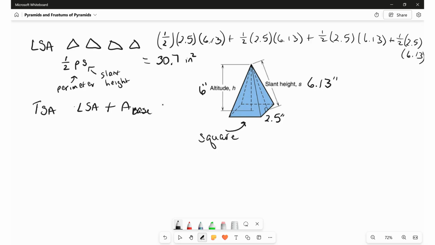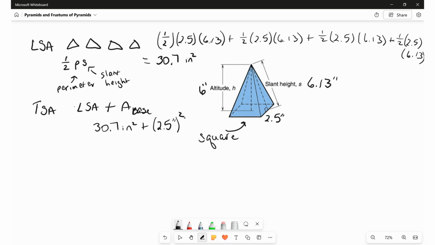Since the base is a square with sides of 2.5, this just becomes 30.7 inches squared plus 2.5 inches squared.